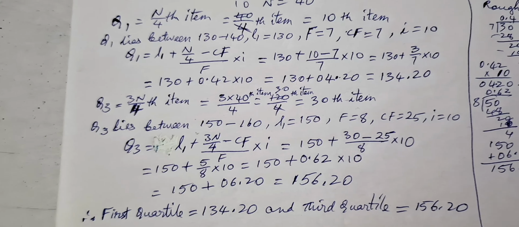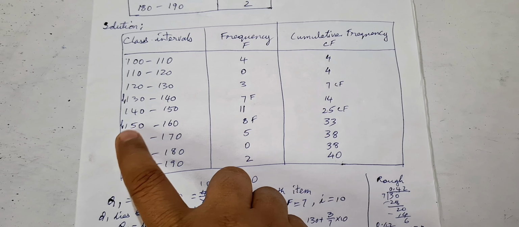So we'll choose 8 as the frequency. 8 is given as F here. And the cumulative frequency preceding it is 25. So we are giving this as CF. And straight across from the frequency, the class interval is 150 to 160. So this is the class.